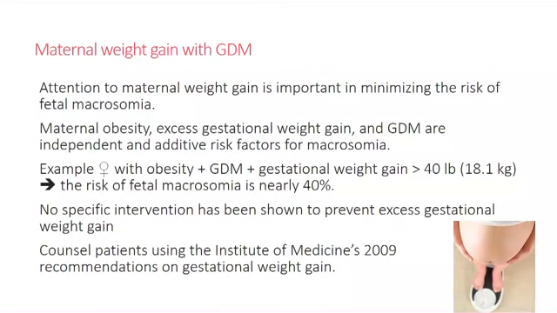That's another way to encourage them not to gain weight, because we have a number to share with them. There's a 40% chance of having a big baby if you gain more than 40 pounds. And no specific intervention has been shown to prevent excess gestational weight gain. I did not know that.